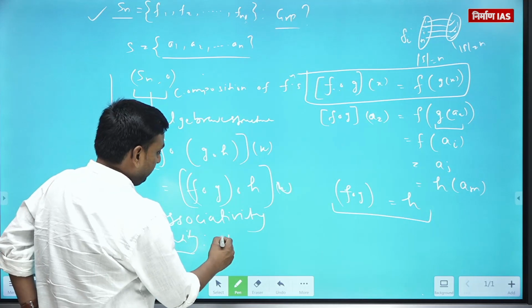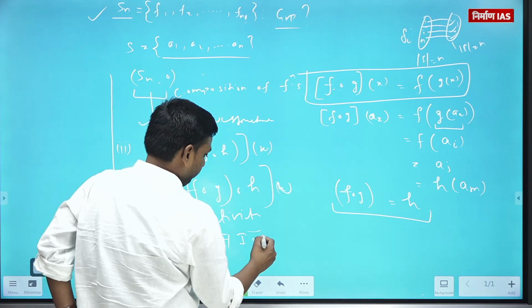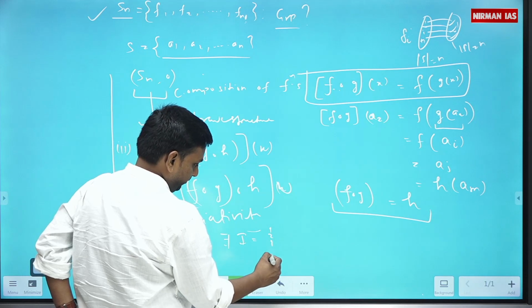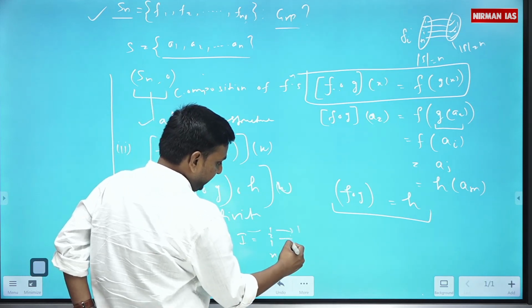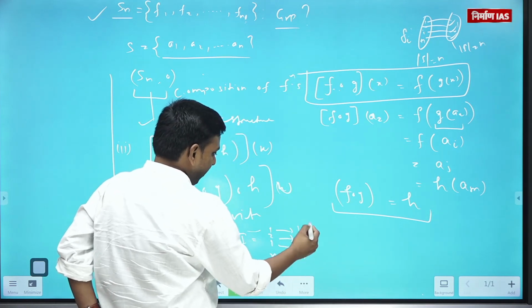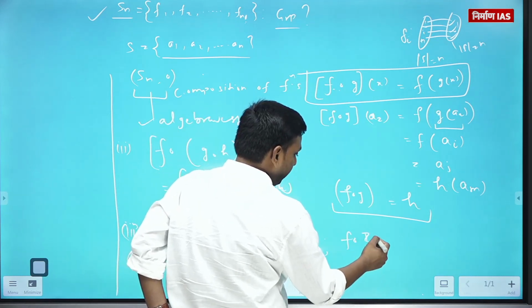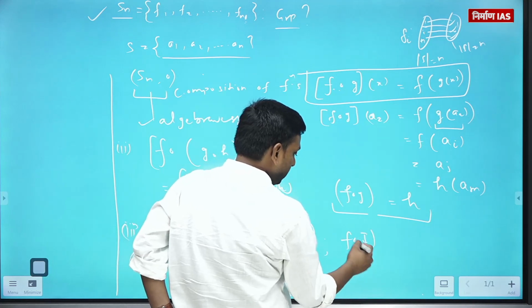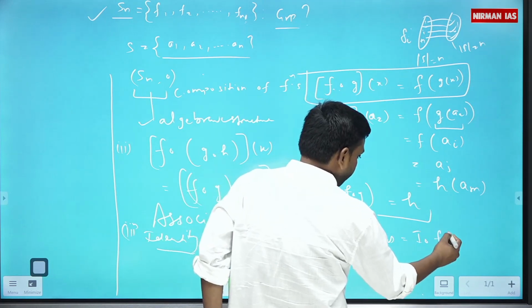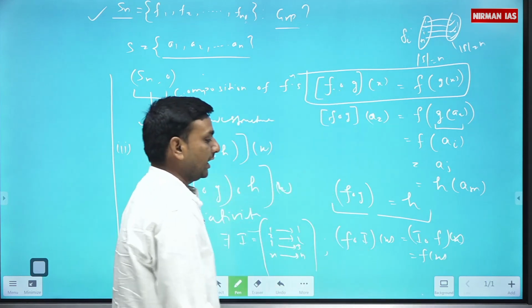If I take a function I, which maps each element to itself only, then if you take the composition of I with F or F with I, you are going to get F of X only.